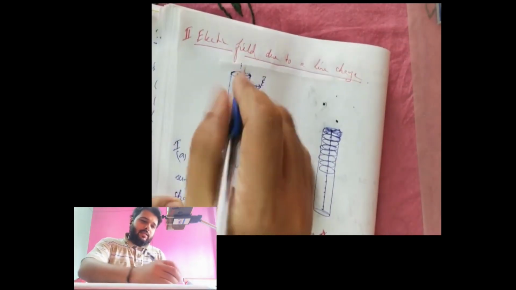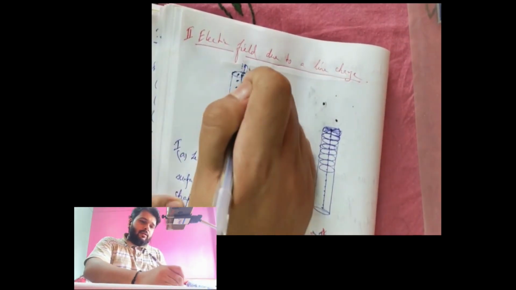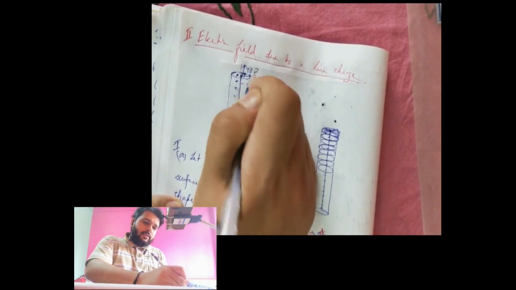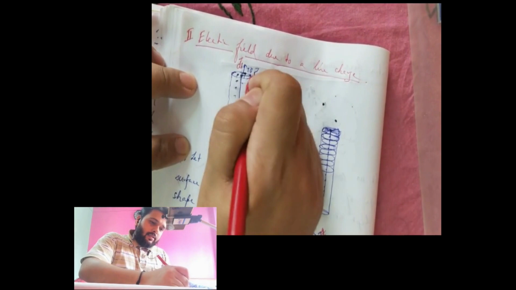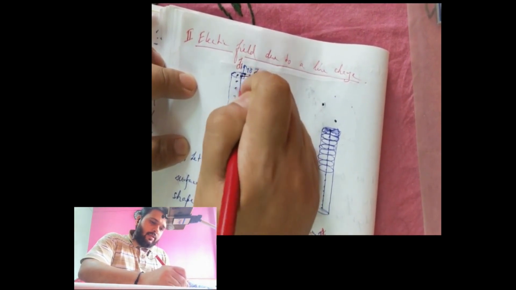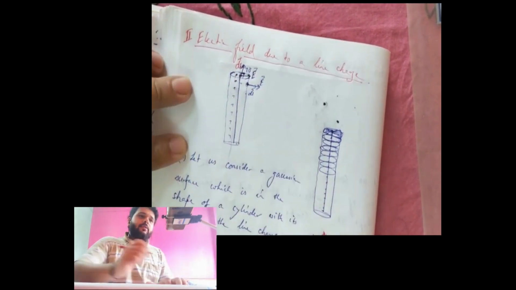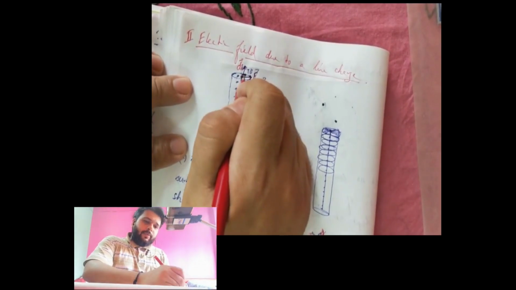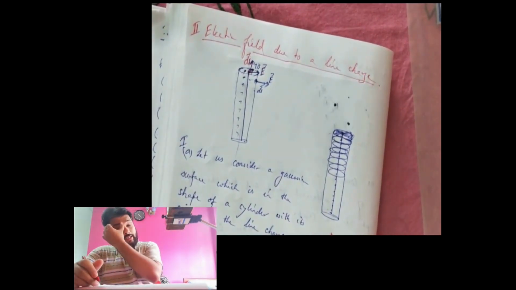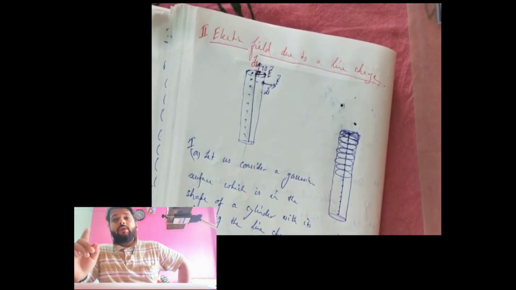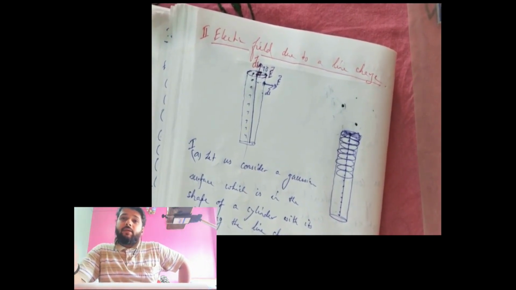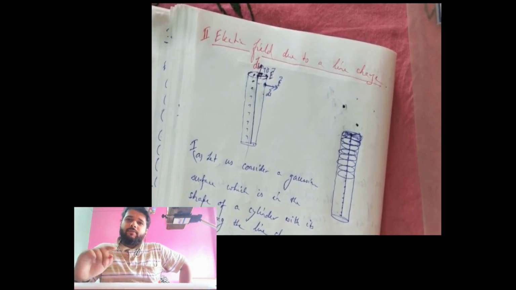So here the electric field is in this direction, and the area vector is in this direction. They are perpendicular, so they are making 90 degree, and we know that theta is 90 degrees, so the electric flux will be E dot dS, E dS cos theta, theta will be 90, cos 90 is 0.